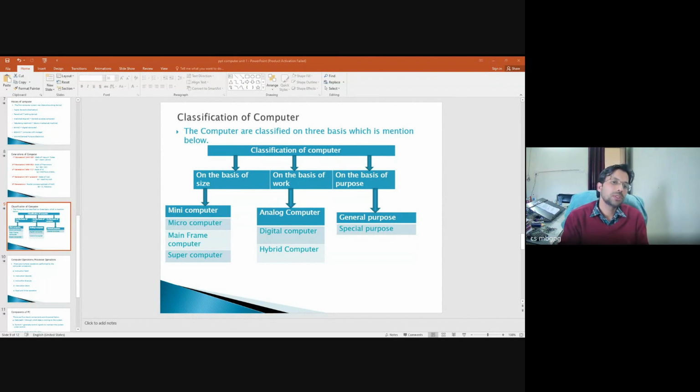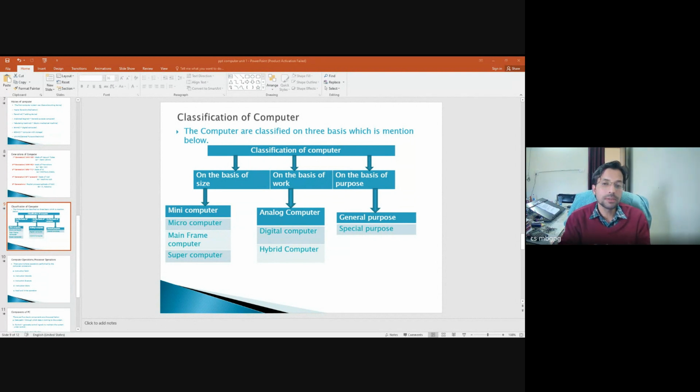So next type is our hybrid computer system. Hybrid computer system is a combination of both analog and digital. A computer that processes both analog and digital data. So a hybrid computer is a digital computer that accepts analog data, converts it to digital, and processes it in digital form.